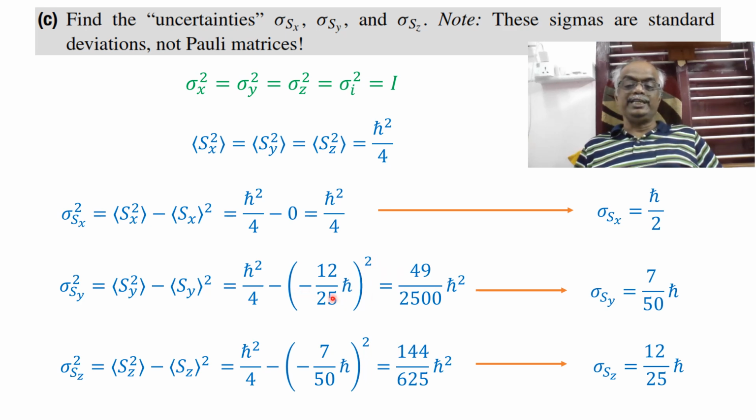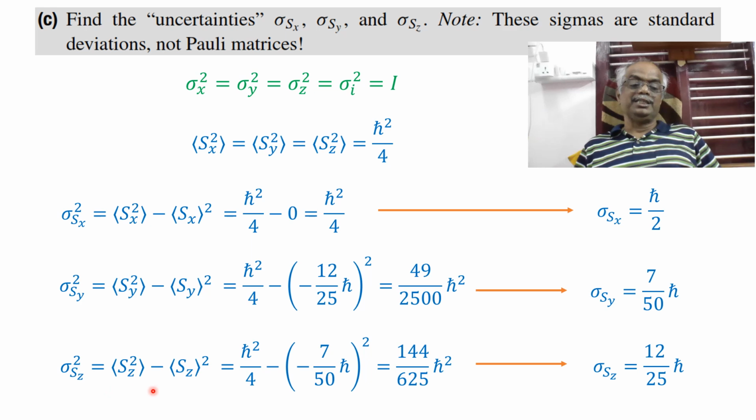If you square it and simplify, you will get 49 divided by 2500 ħ². If you take the square root, you will get 7 divided by 50 ħ. So σ_Sy is 7 divided by 50 ħ.